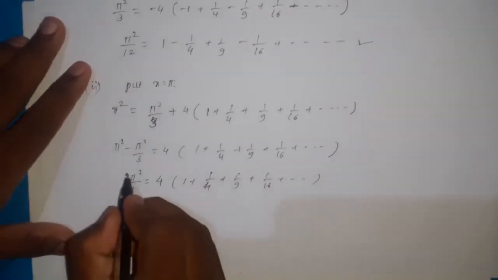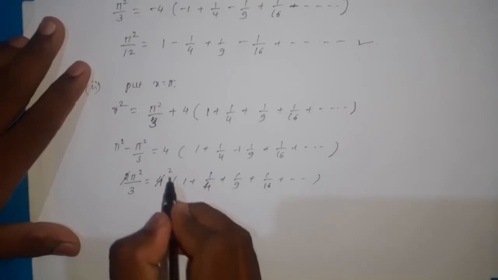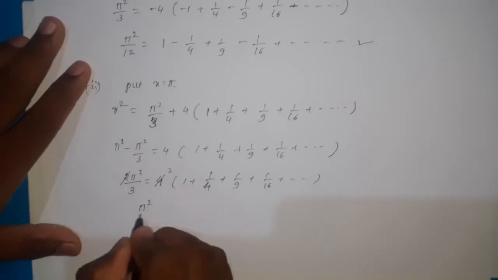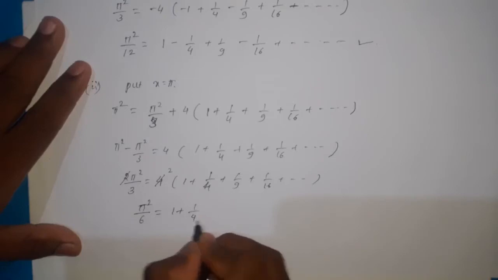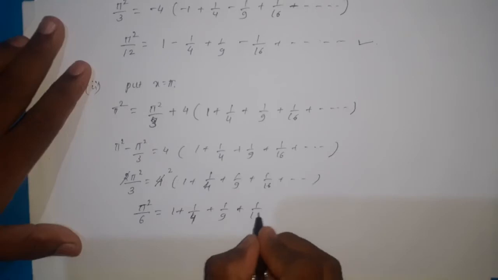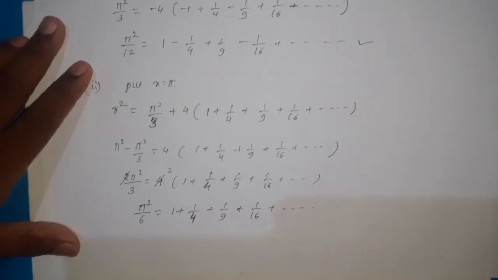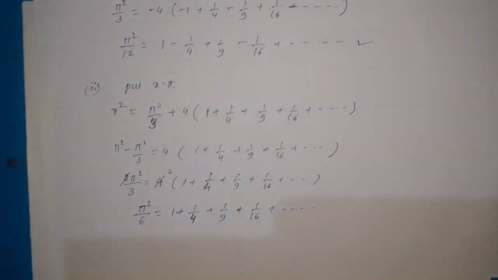Then 2 ones are 2, twos are, then it is pi square divided by 6 is equal to 1 plus 1 by 4 plus 1 by 9 plus 1 by 16 and so on up to infinity, which is the required result. So therefore for x equal to 0 we got the first result, and for x equal to pi we got the second result.